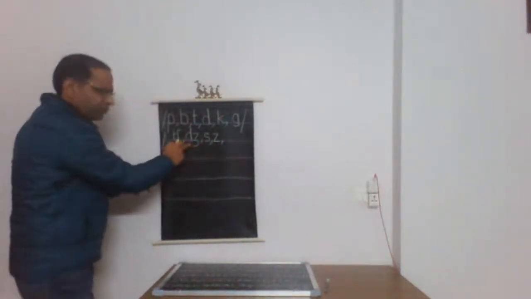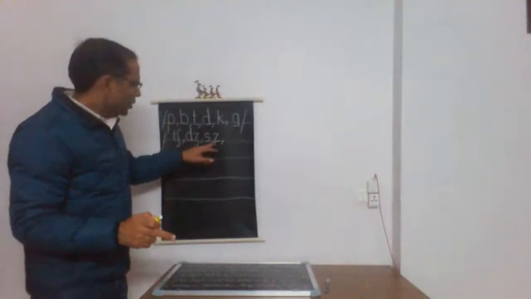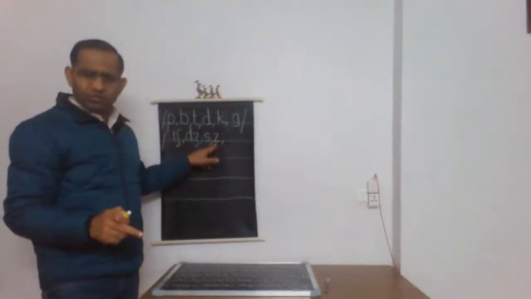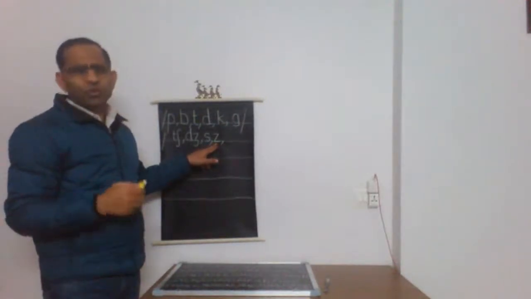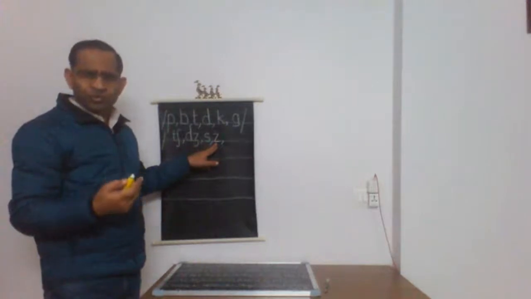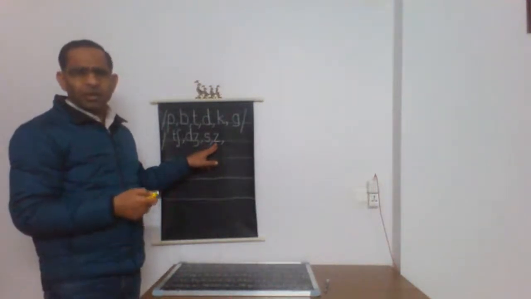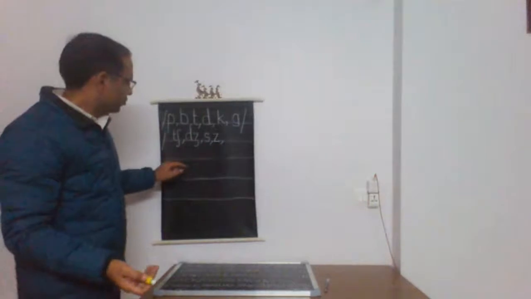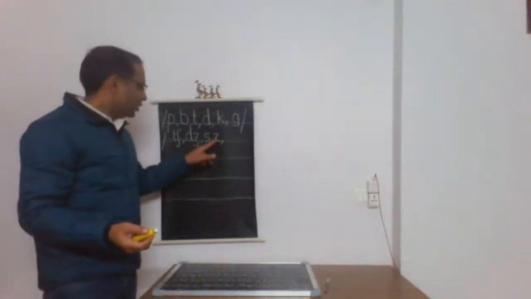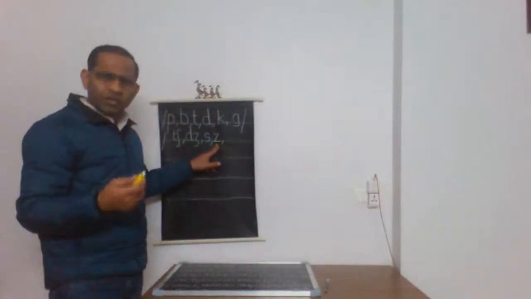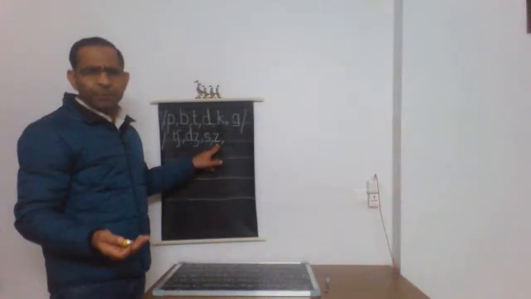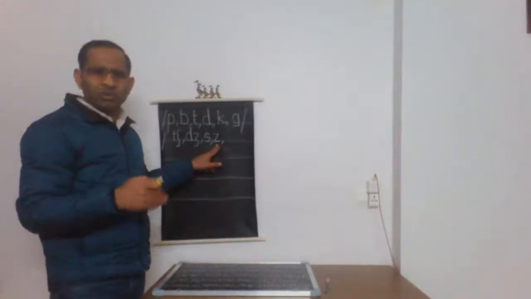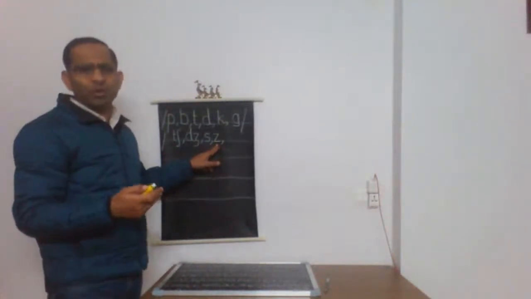This is sa, and this is za, as in zoo, zebra, and rise. The native speakers of Hindi, generally speaking, produce this sound wrongly.